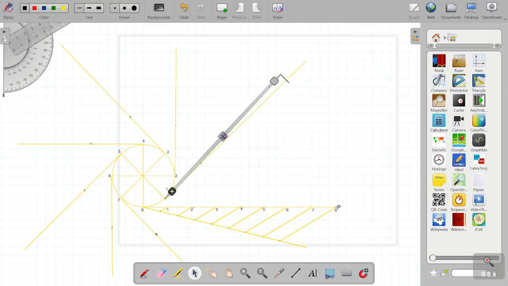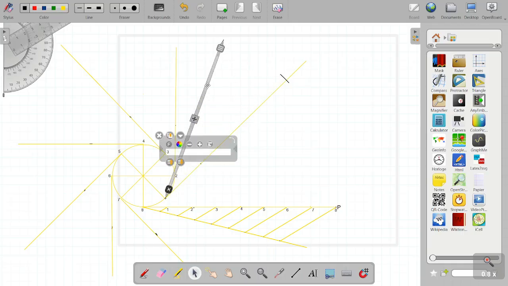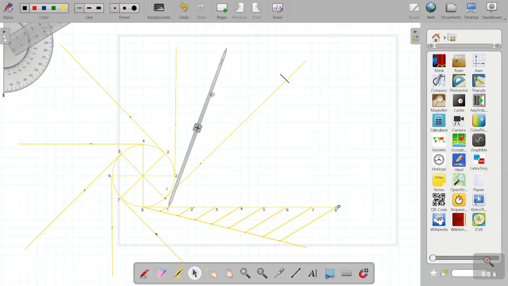Okay. So again I repeat the step. Keep the compass at point 1. Measure the distance from point 1 to point P. Then keep the compass at point 1 on the circle, that is, it will become the center, and then cut an arc on the tangent at point 1. Now, next step.